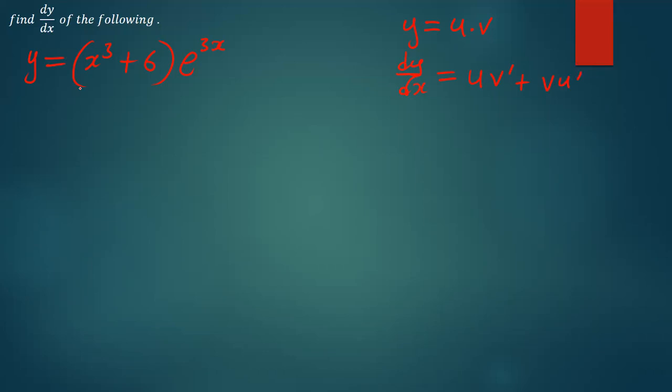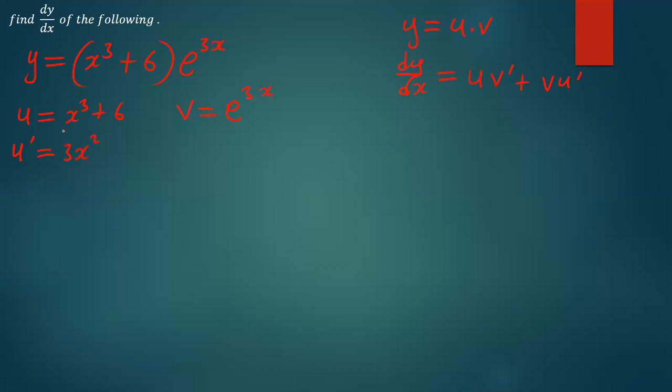So in this case, we're going to take our u and v as these functions that have been given. Let u be equal to x to the power 3 plus 6, and v be equal to e to the power 3x. So we can find u prime. U prime is simply differentiating this: x to the power 3 gives 3x squared.